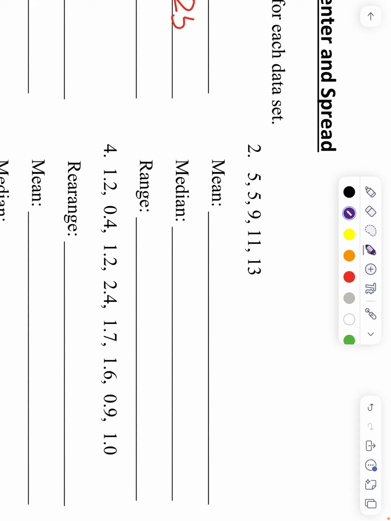What's the mean? What's the average? We add all those numbers together: 5 plus 5 plus 9 plus 11 plus 13. Do you have to write it out?